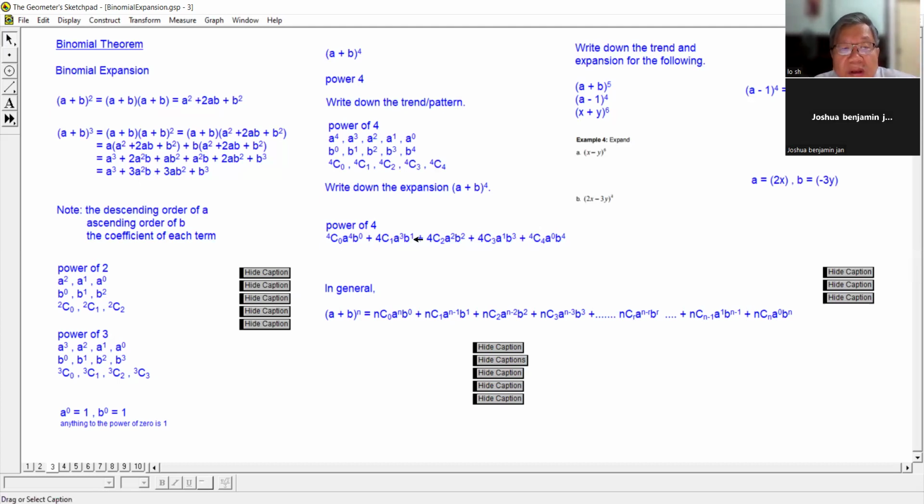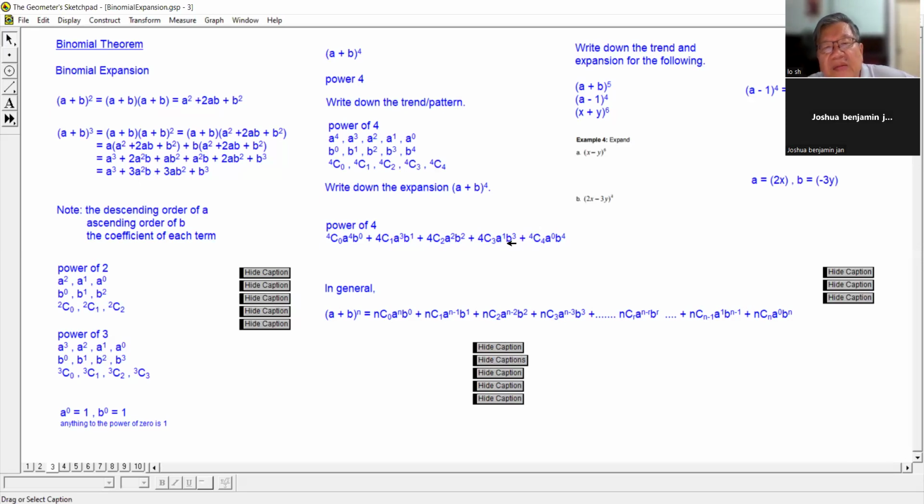So we move on to the next term. Can you see that the power of A and the power of B, if you add them together, you will have 4? And that is the power of the bracket, the expansion. So we continue with the next term. The power of A plus the power of B, how much is that? 4, correct. Continue with the next term.